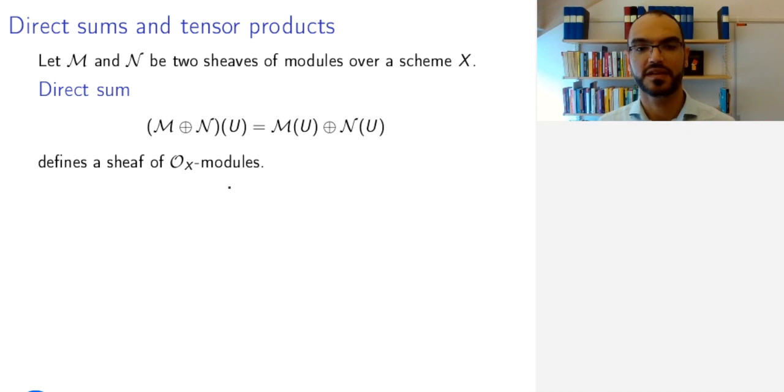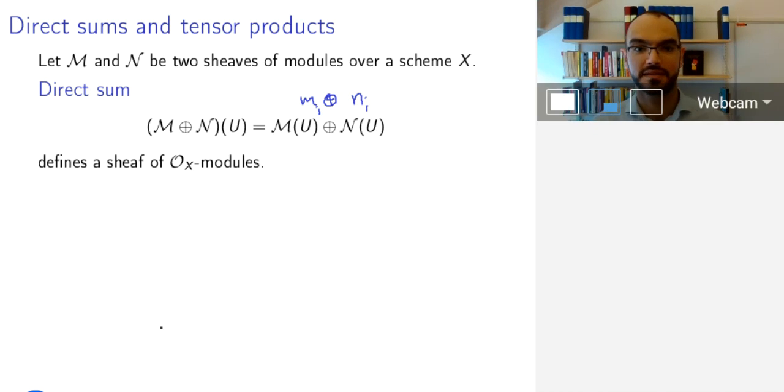This is almost immediate from the definitions, and because of how the direct sum behaves, if we have an element of the shape m plus n, or say mi plus ni on Ui, then because we can glue together the m's to some m and the n's to some n, then we can glue together this to some m plus n.